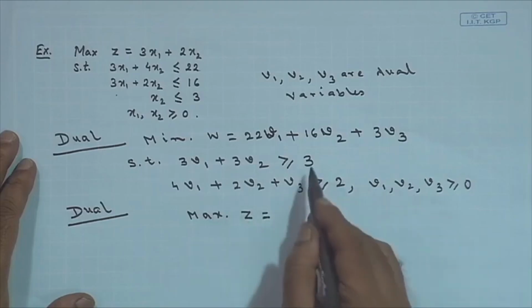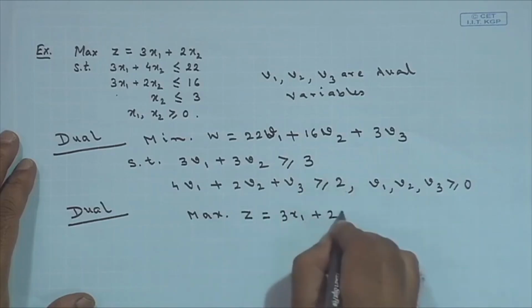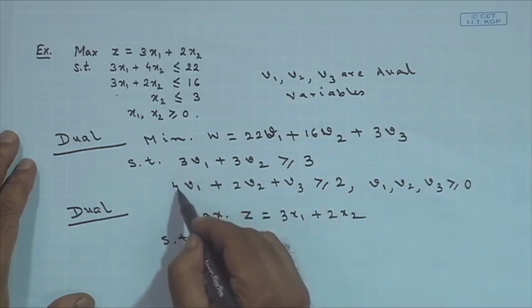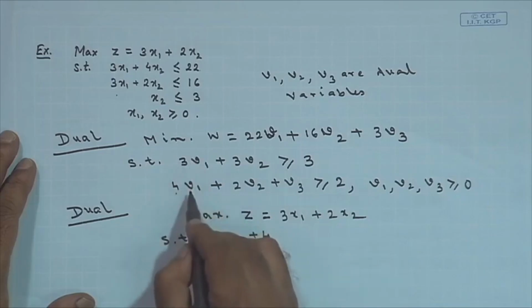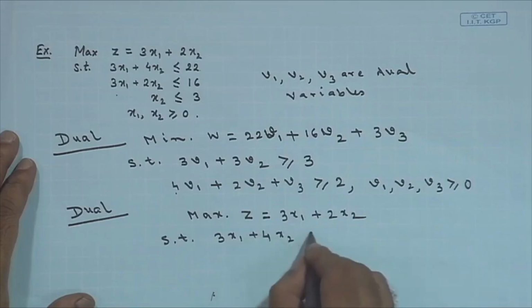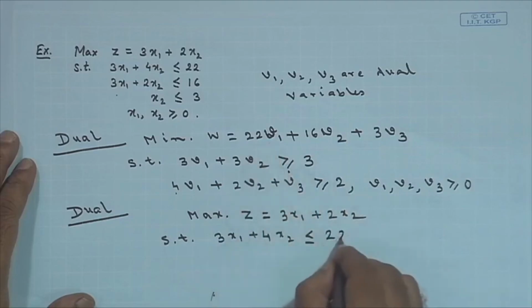Maximize z equals 3 x1 plus 2 x2, subject to 3 x1 plus 4 x2, where the 4 corresponds to the V1 coefficients you are taking, less than equals, because it was greater than equals, the coefficient of V1, that is 22 in the objective function.